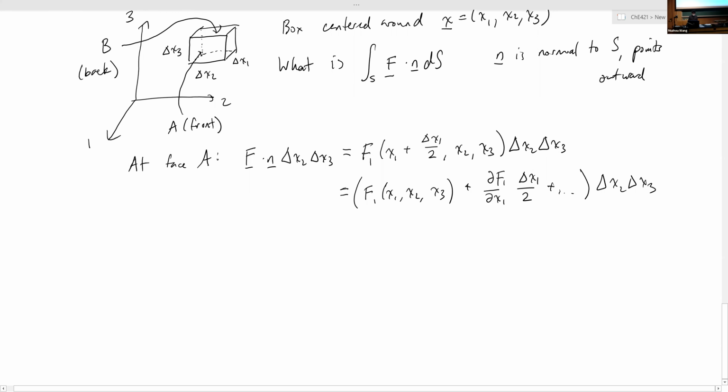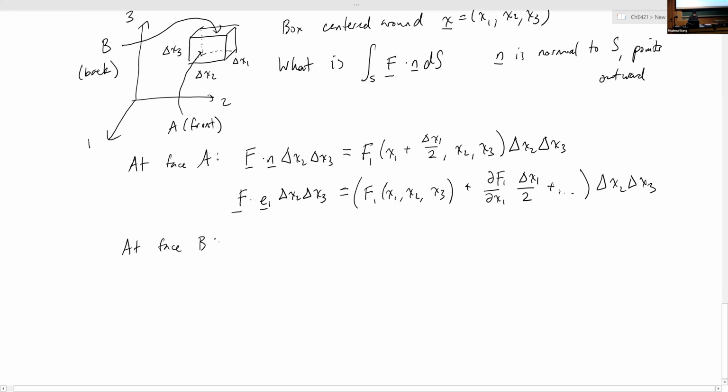One thing I should mention is that a step I skipped here is that this is actually f dot E1 times delta x2 delta x3, because the unit normal at face A is the vector pointing in the 1 direction, E1. That's why this quantity on the right-hand side is F1, because f dot E1 is just F1.